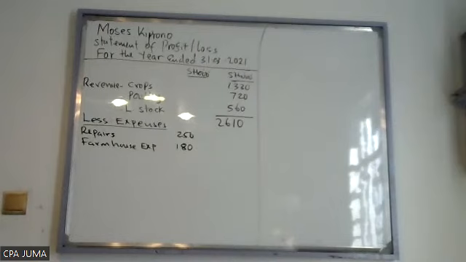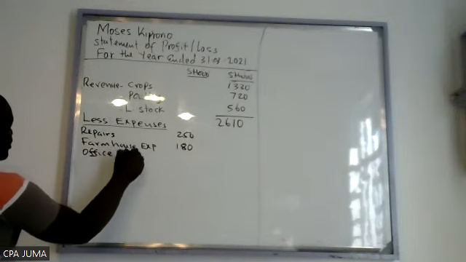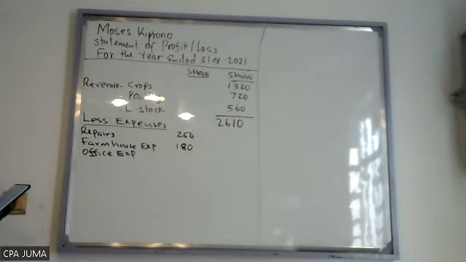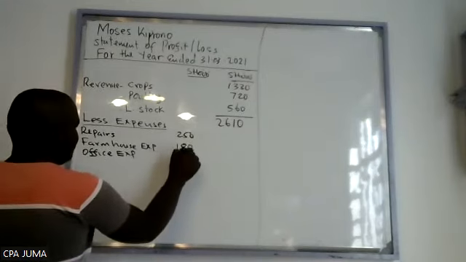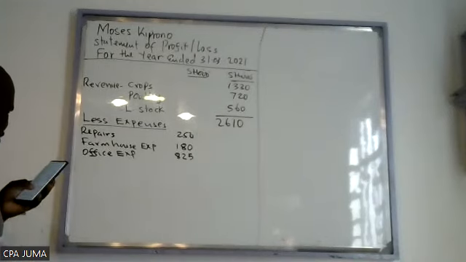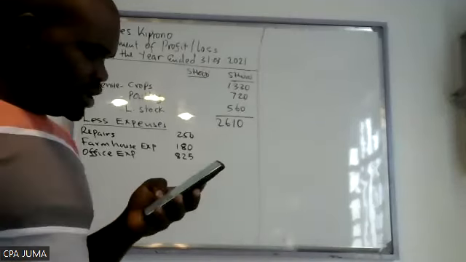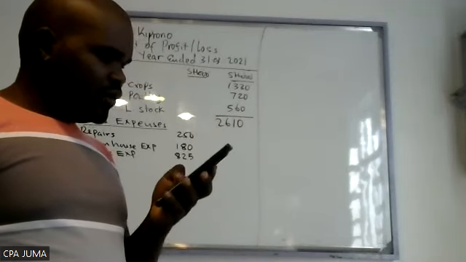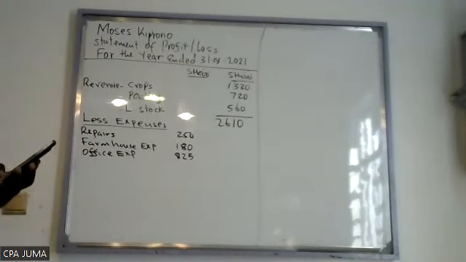Repairs, farmhouse, 180. Then office expenses, 825. In the trial balance, I've seen those three, unless there is one you can capture. If you can't capture any, then let's meet in the additional information number 2. Farm machinery is depreciated at the rate of 10%.